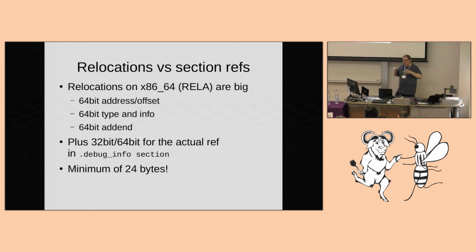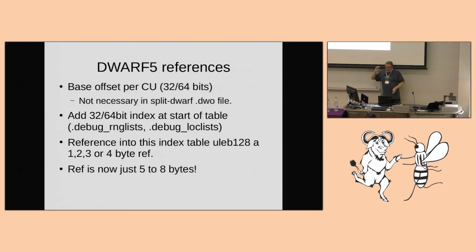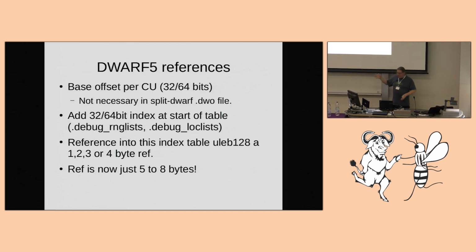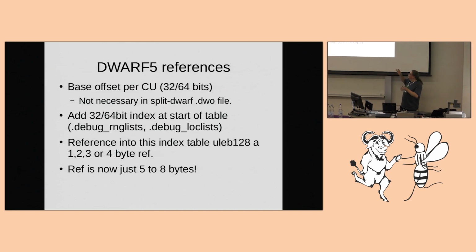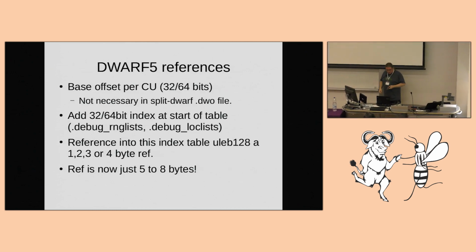Maybe I should have made a diagram, sorry. The nice thing about using the index table is that your references are now 1, 2, 3, or 4 bytes big, and with just one relocation per.